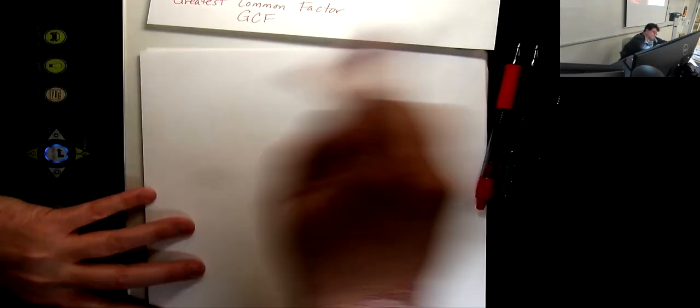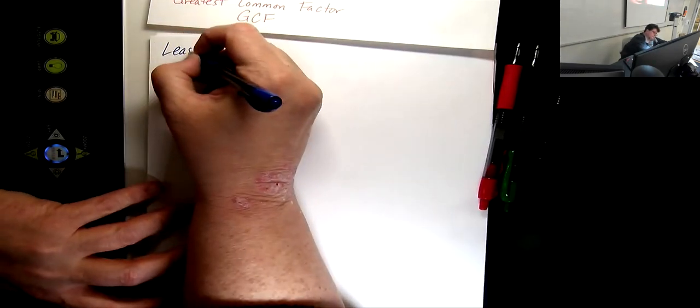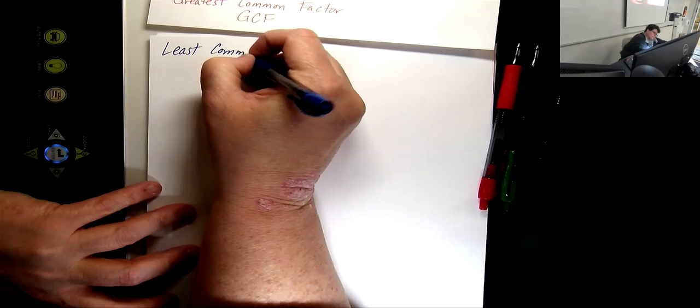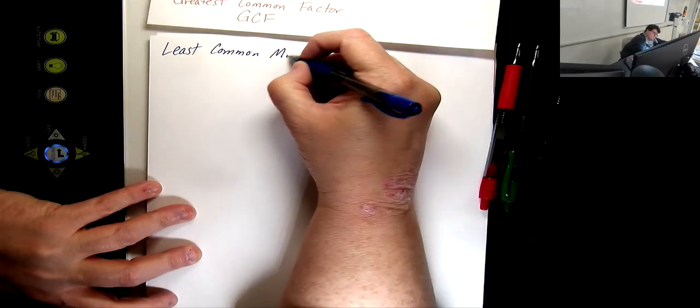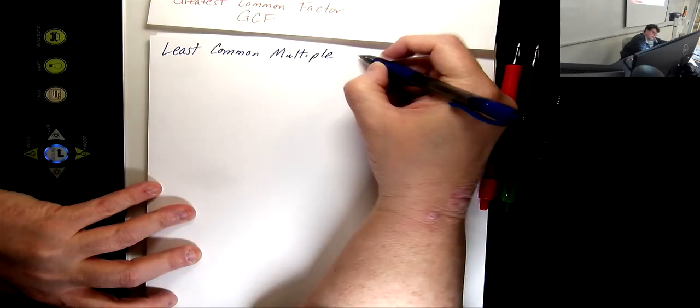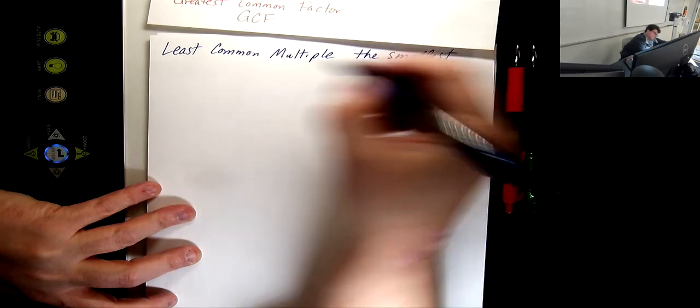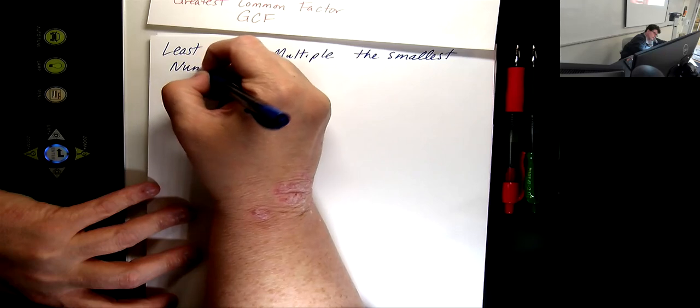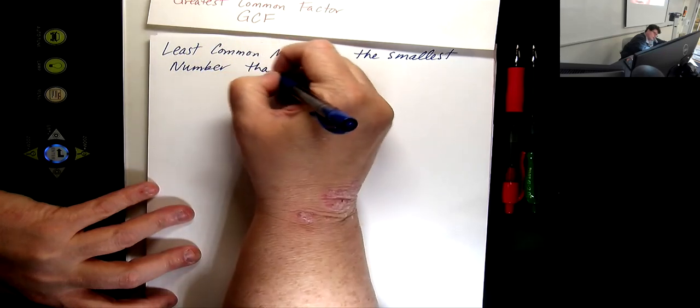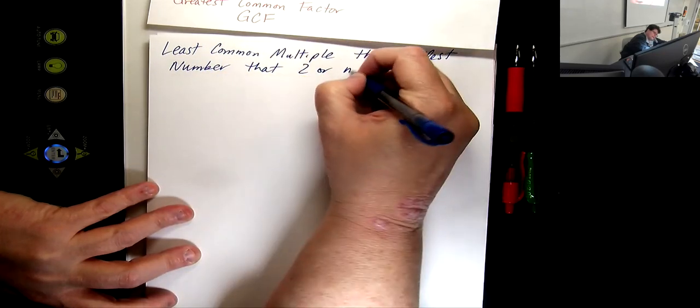So, least common multiple is the smallest number that two or more numbers is a factor of.